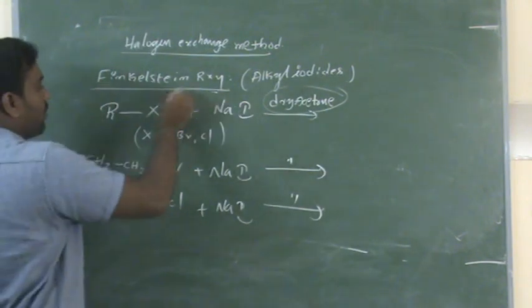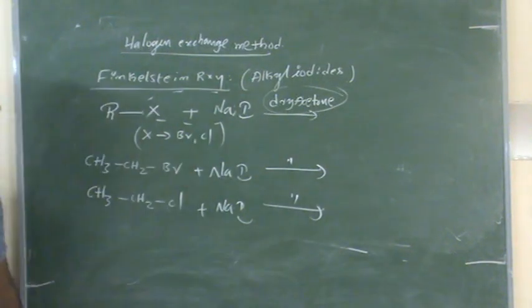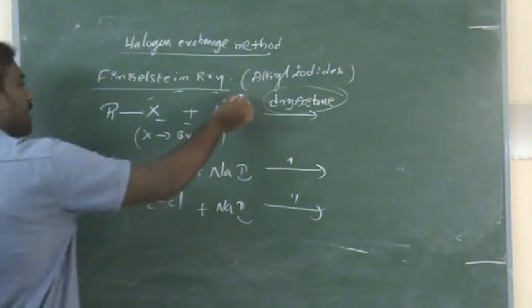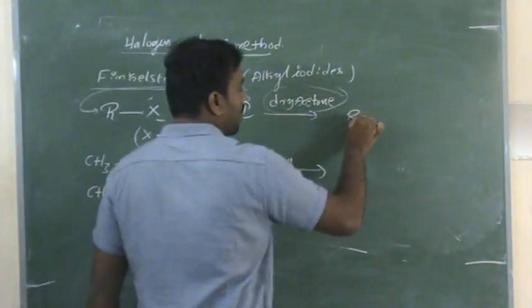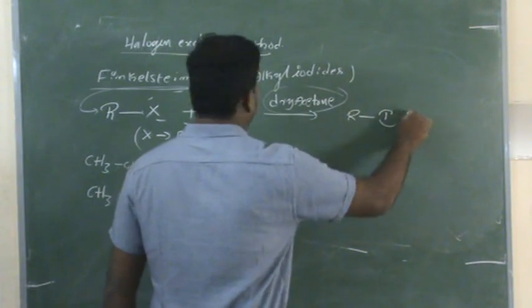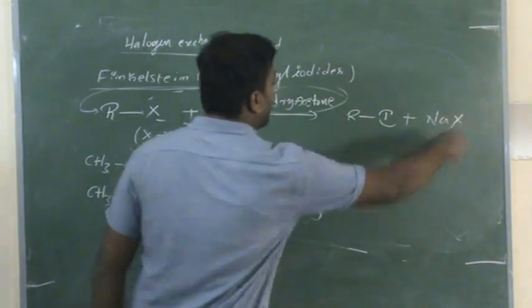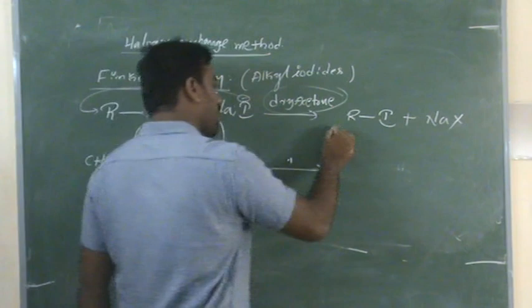NaX is removed like this. This I minus reacts like this, and there is formation of RI plus NaX. What is the meaning of RI?